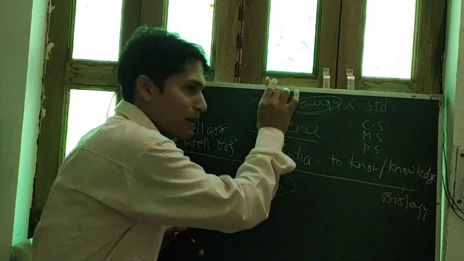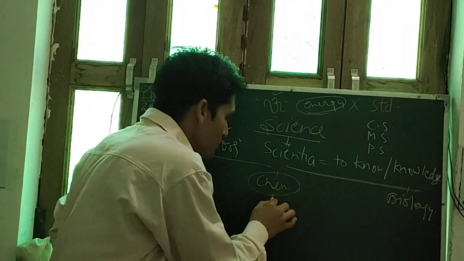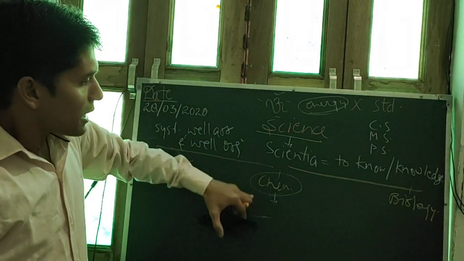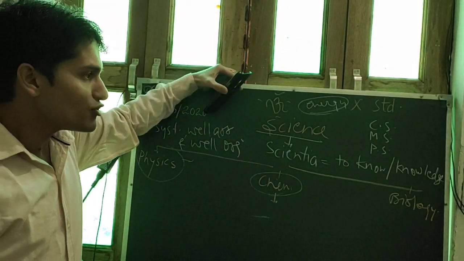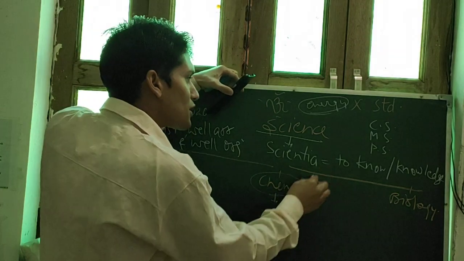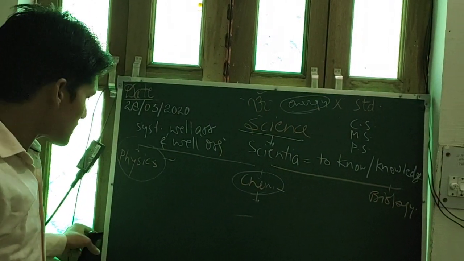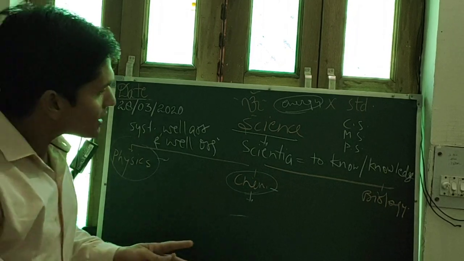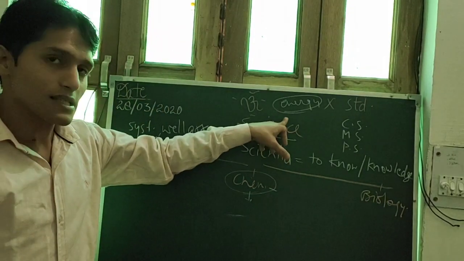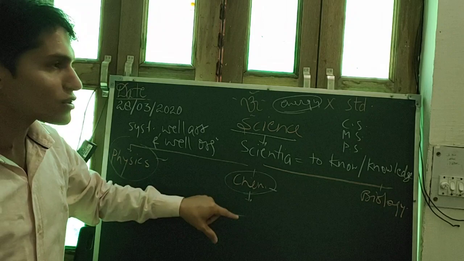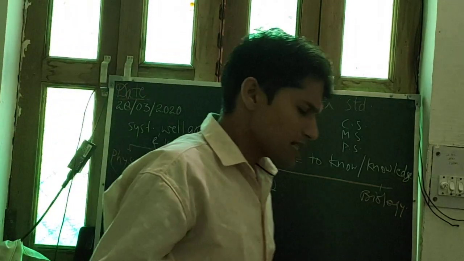Second is chemistry. Chemistry is the branch of science in which we study the chemical nature of matter. Simply you can say that chemistry is the branch of science in which we study about chemicals.